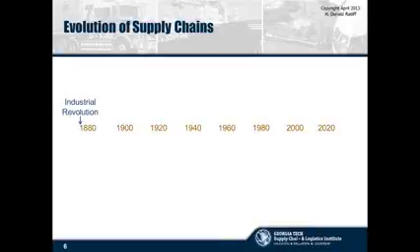Starting way back with the Industrial Revolution in the late 1800s, we had all job shops. The way manufacturing was done is you'd have a small shop, and within that shop you'd make everything you need. Mostly all of the parts and raw materials you needed were located relatively close to the job shop.